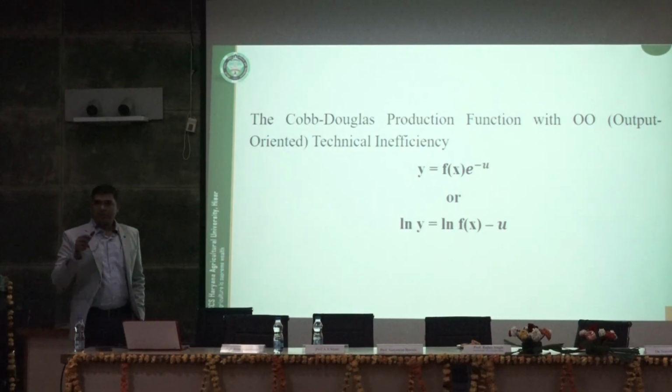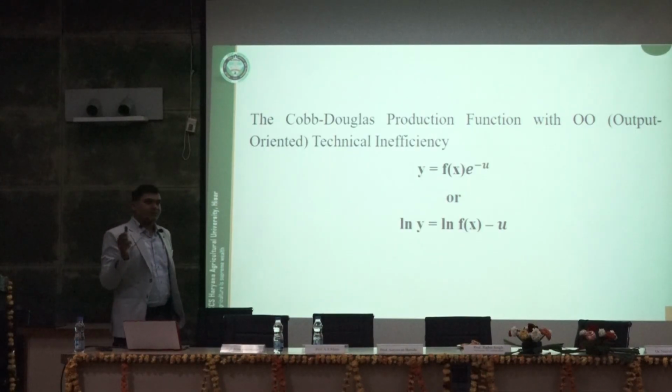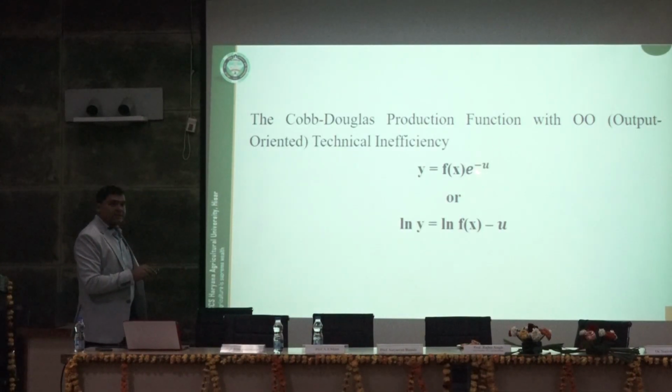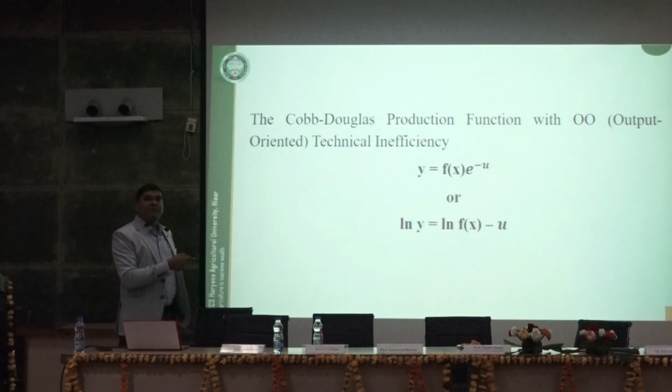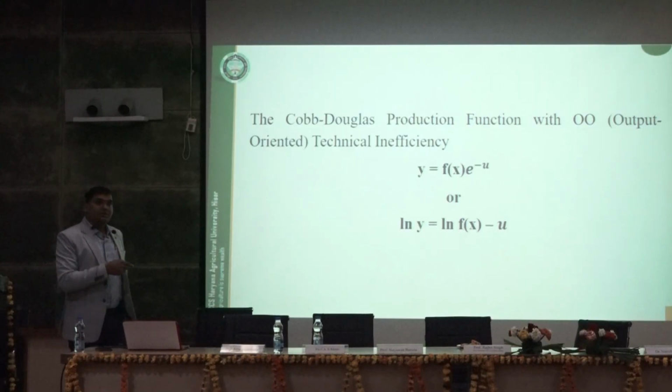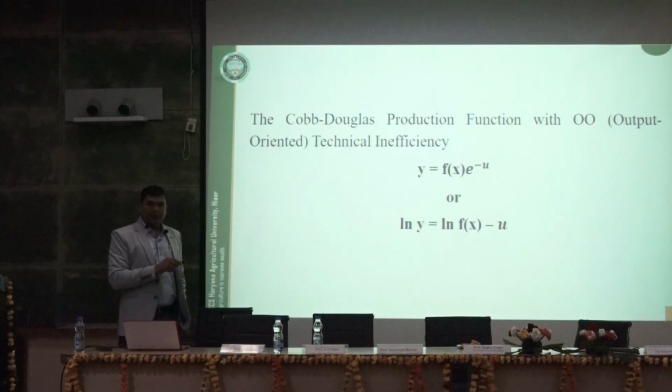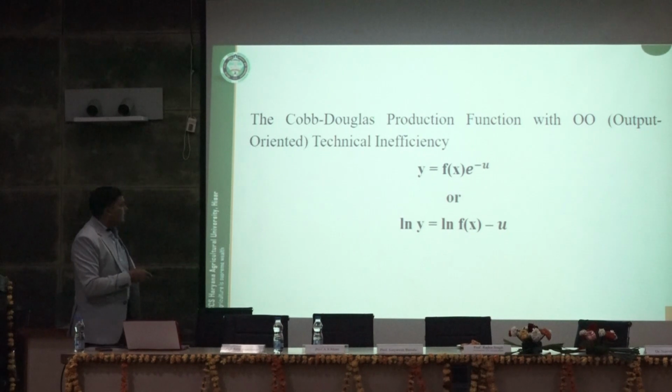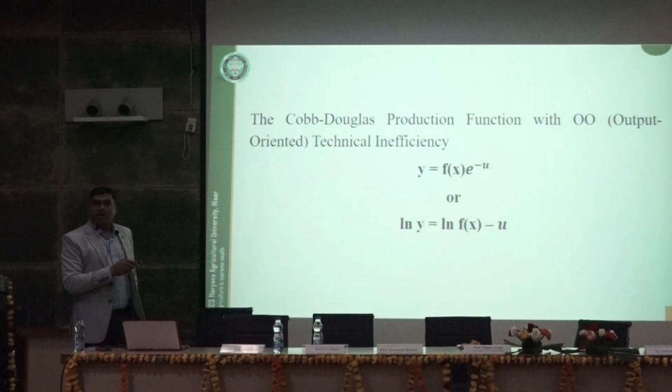In the next lectures we will discuss inefficiency. So mu is the factor of inefficiency. How to measure the inefficiency using the Cobb-Douglas production function, we will discuss later. And this is the functional form of the Cobb-Douglas function with output oriented inefficiency.